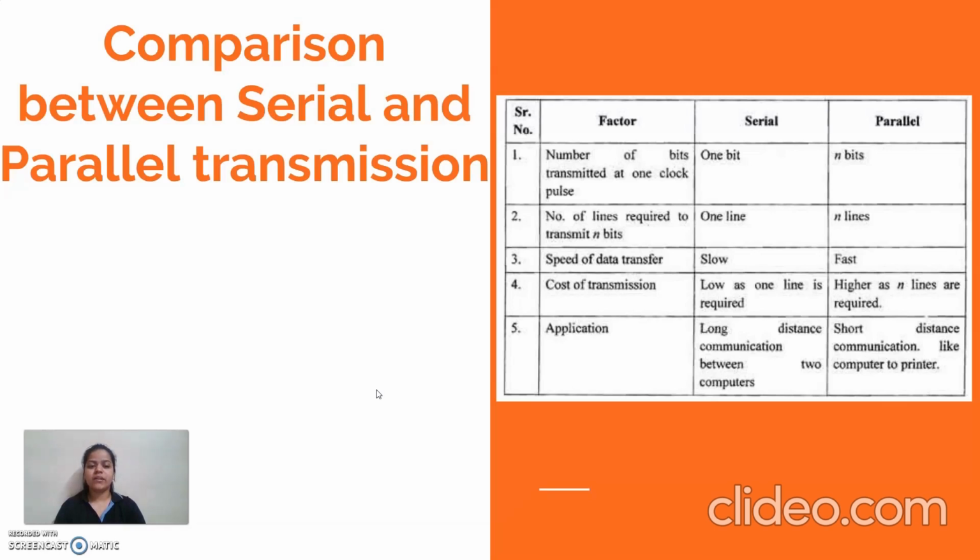The speed of data transfer in serial is slow as it uses only 1 line, whereas in parallel it is very fast. Cost of transmission is low in serial as only 1 line is used, and higher in parallel as n lines are required. Application of serial transmission is in long distance communication between two computers, whereas parallel is for short distance communication like computer to printer.